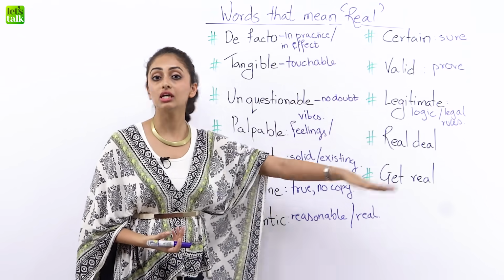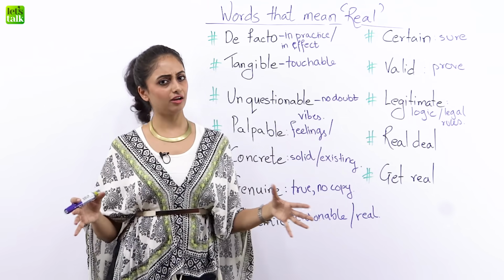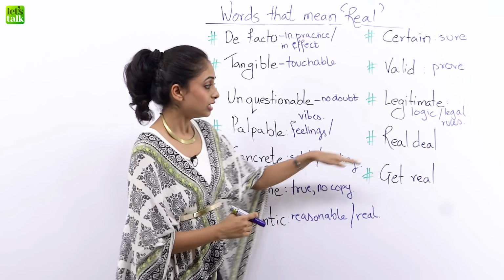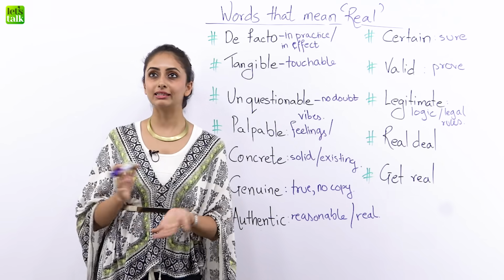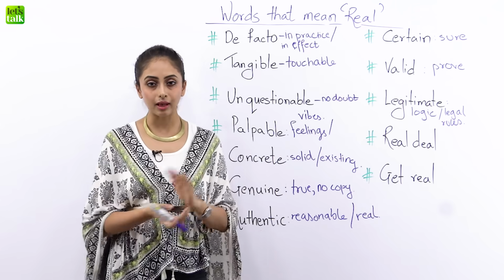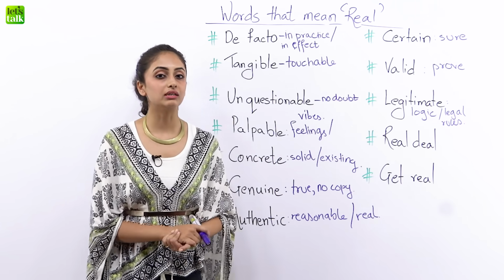Legitimate information, real information. Okay, now I actually have a few slang words for you, and you probably might know these. So this is the real deal. You might have heard, usually probably in American TV serials or some movies, that, hey, don't worry about this, you can buy this car, this is the real deal.